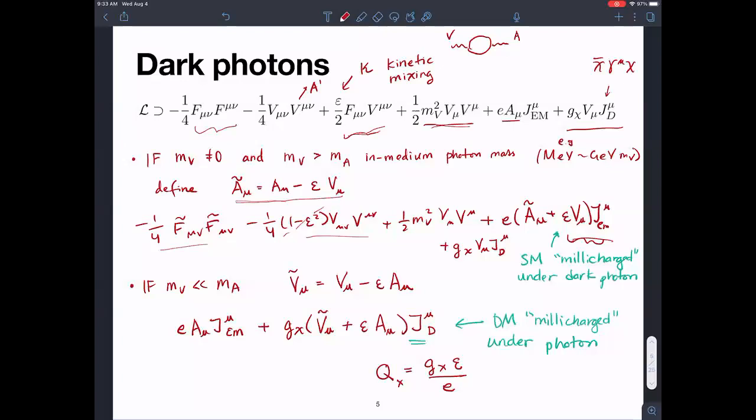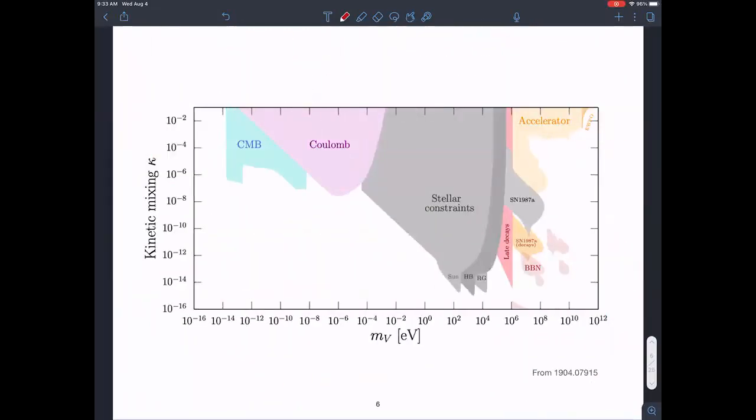Okay, so hopefully this will give some intuition for what I'll show next, which is a whole bunch of different constraints on dark photons. So this is collected constraints, from 2019, so there might be a few that are out of date, but it's not too important for the moment. We just want to get the broad features.